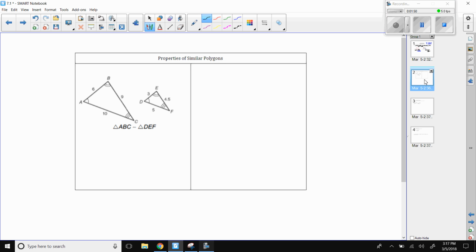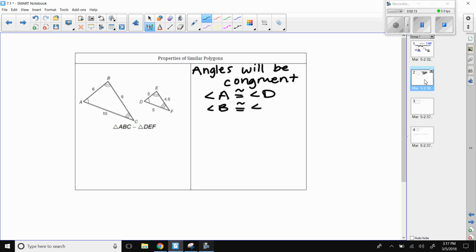Okay, so properties that we want to be concerned with here is that your angles are going to be the same. So your angles will be congruent. That's what tips you off to whether the triangles are going to be similar. So angle A is going to be congruent to angle D. Angle B will be congruent to angle E. Angle C will be congruent to angle F. And we can see that by all these markings that they have.